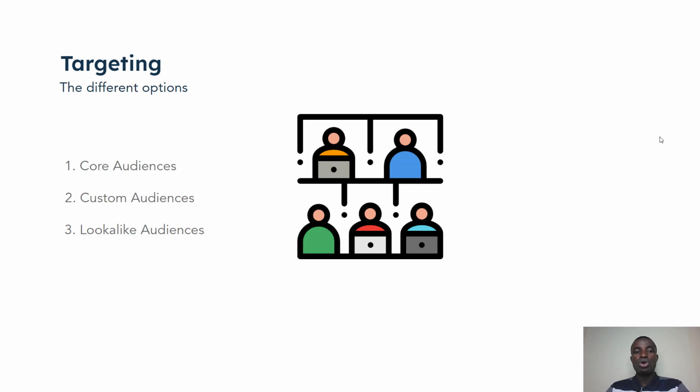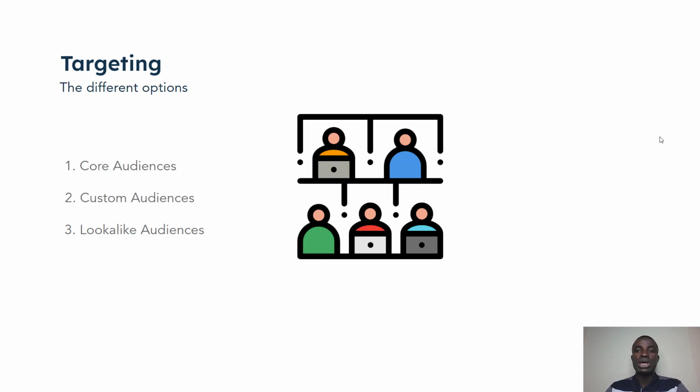Now, when you're using the core audience, you are basically targeting based on core information like the age, location. You are targeting by interests, right? You are using the demographics of your audience to target. So this is the core audience.